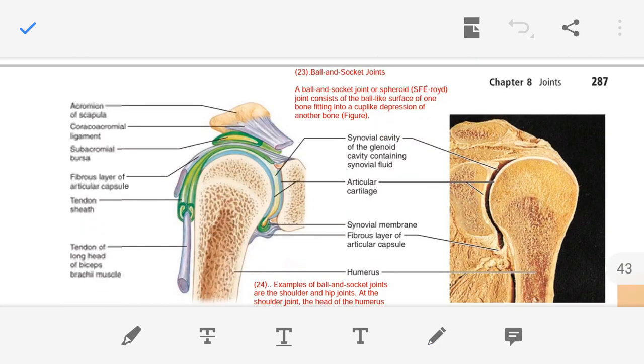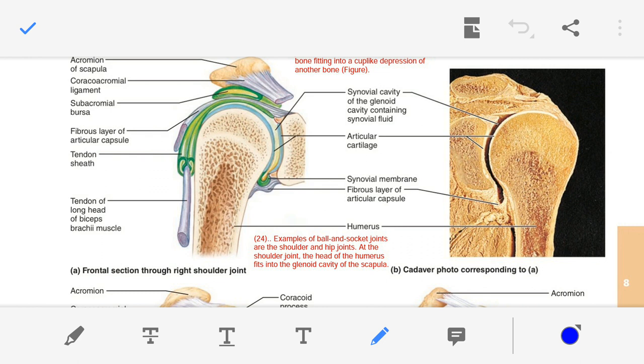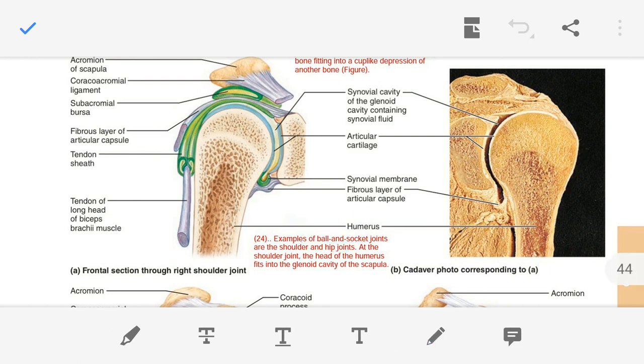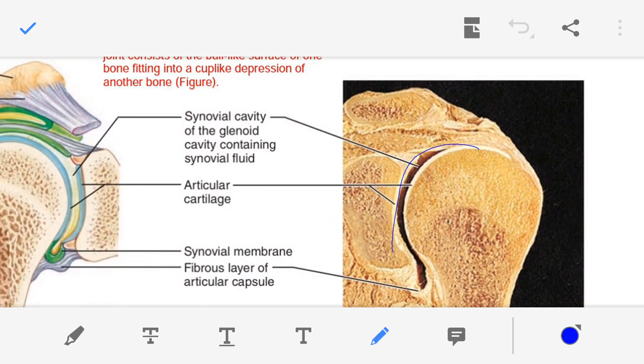For example, in our shoulder joint, the head of the humerus is ball-like, and the glenoid cavity of the scapula is the cup-like depression. This circular head of the humerus fits into the glenoid cavity of the scapula, and the joint formed is known as the shoulder joint, a ball and socket synovial joint.